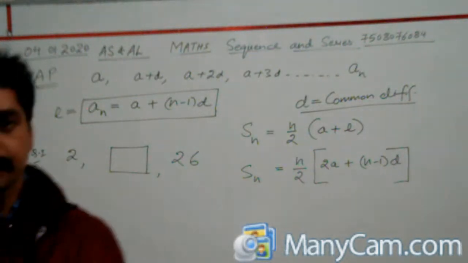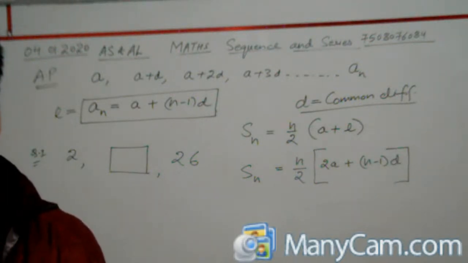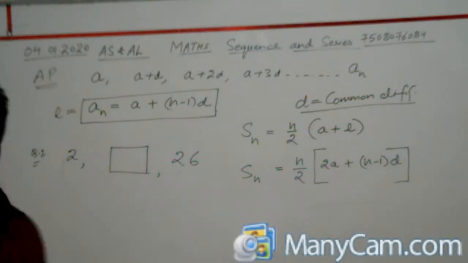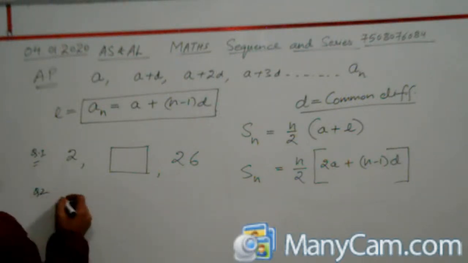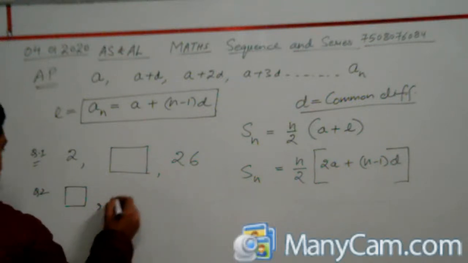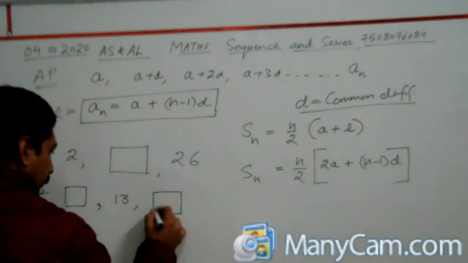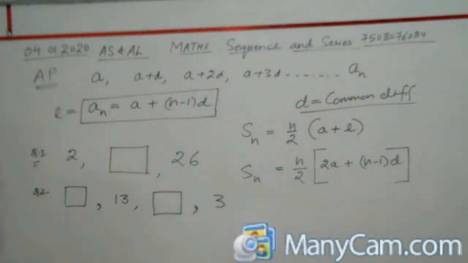If these three numbers are in AP, find the missing middle number. Question 2 has the same kind of part: the first is missing, the second number is 13, the third is missing, and the next is 3. So these are the two parts. Let's take one more part. First discuss them.